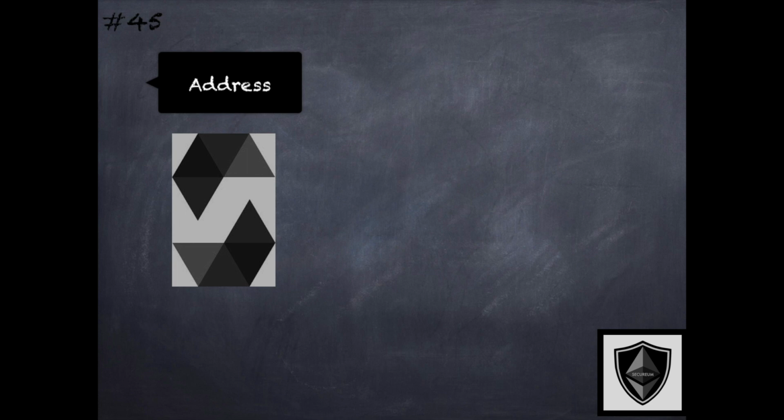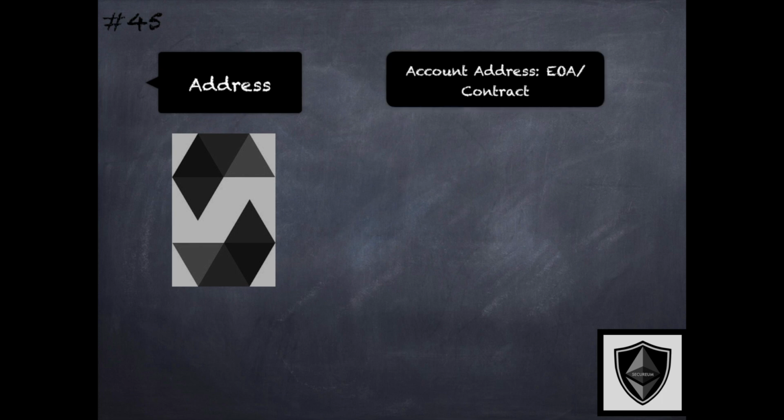Let's now talk a bit more about a type that is specific to Solidity and very specific to Ethereum and really critical to security. This is the address type. The address type in Solidity really refers to the underlying Ethereum account address, the externally owned account or the contract account that we discussed in good detail in the Ethereum module.